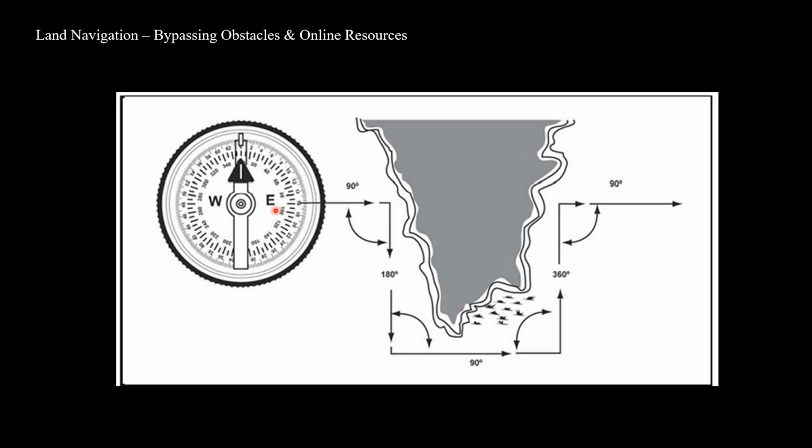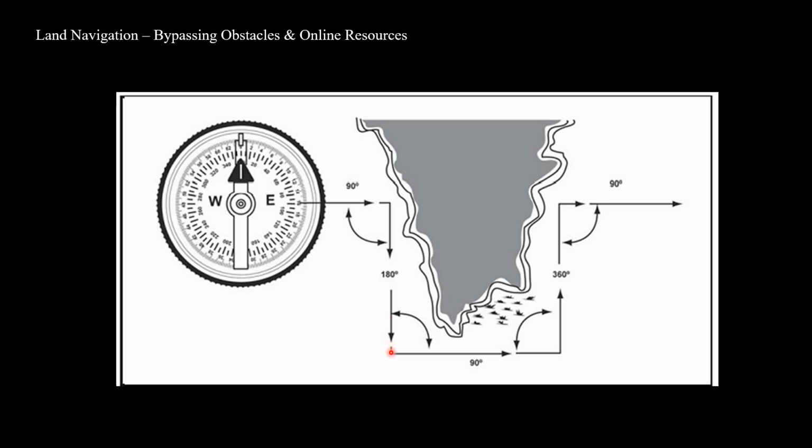So what do you do? First, you need to typically turn 90 degrees. Why 90 degrees? Because as you're traveling from, in this case, west to east, you're traveling a certain distance, right? And then you stop. The reason why you want to go 90 degrees around the object is because now you put your pace count on hold and you're not gaining distance towards your destination.